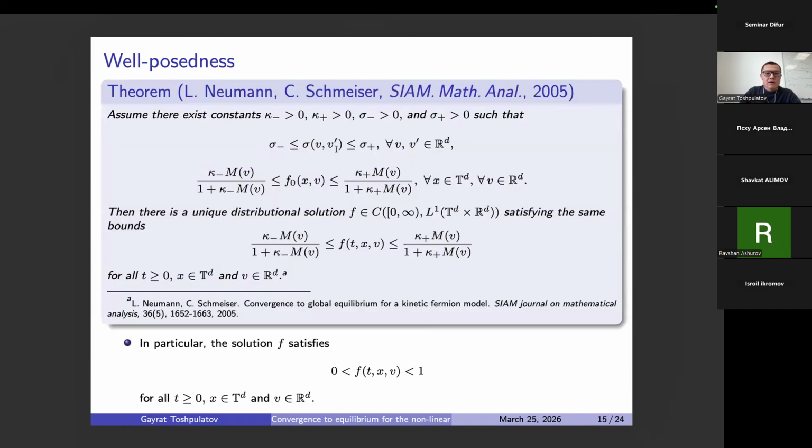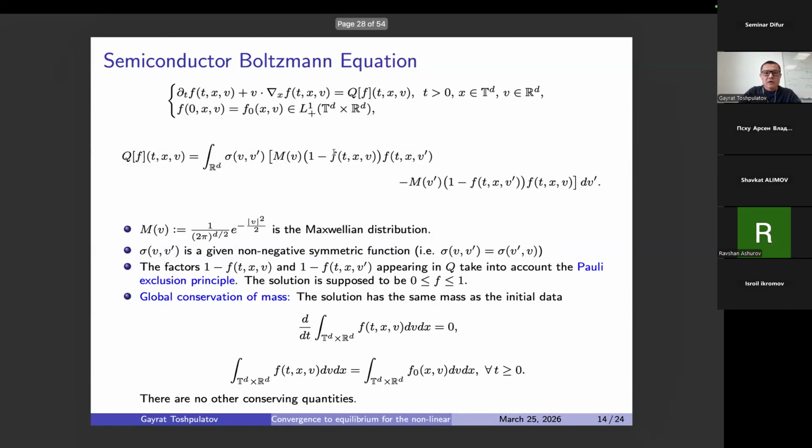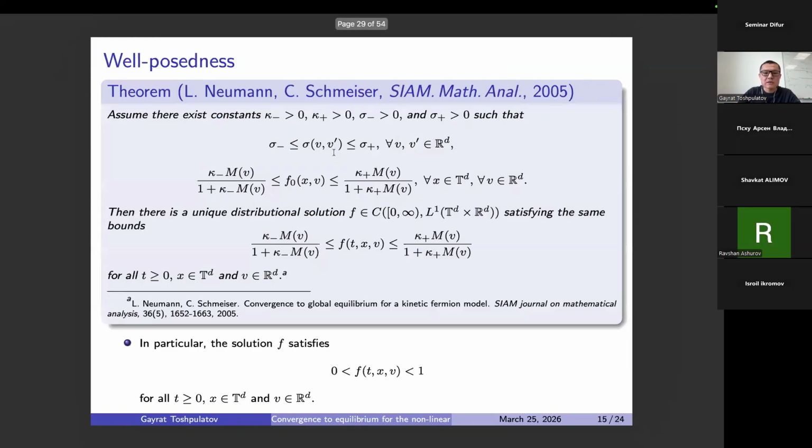Okay, the existence of solutions to this equation has been studied by several authors, but in this talk, I just want to mention the work of Lucas Neumann and Christian Schmeiser. They proved existence of the distributional solution.